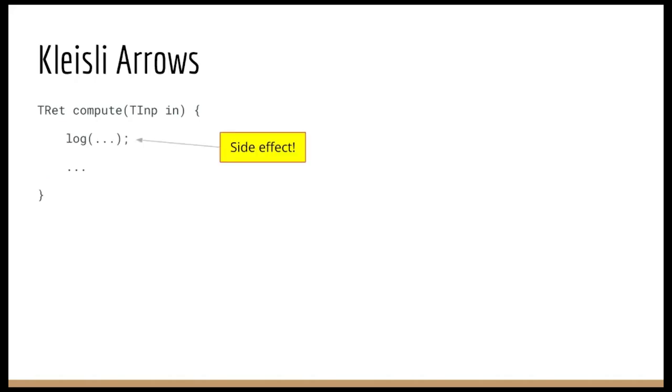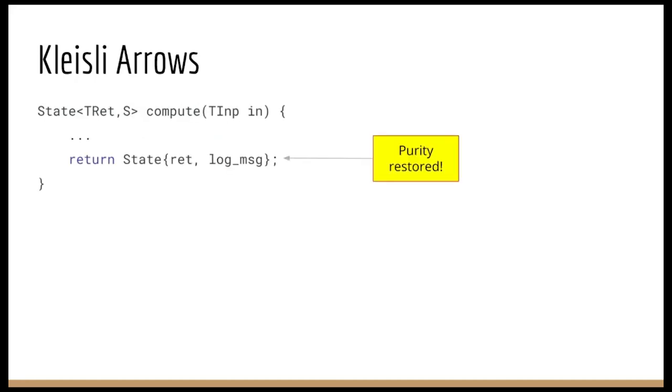But at some point, some developer adds a nasty side effect, and all those properties are immediately gone. We can no longer reorder these computations. We cannot use them in a parallel setting without synchronization. We no longer can cache them, and it's very sad. But what we can do is compute the side effect and return it along with the return value.